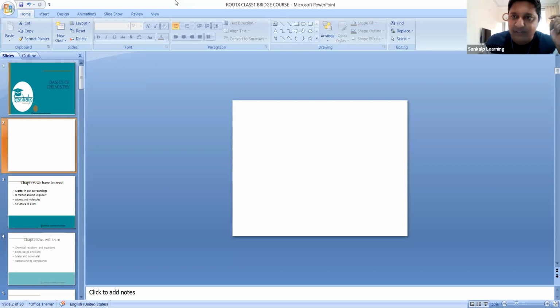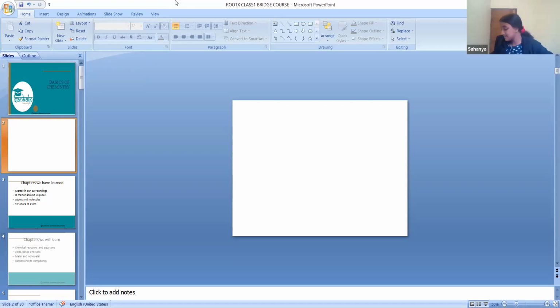So see, in today's class we are discussing time and motion. You might have your compass box with you. Take out that compass box and scale. Did you take out the scale?